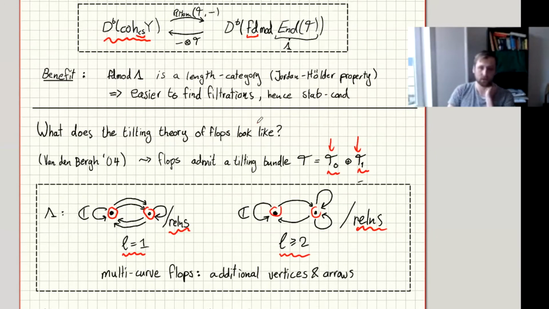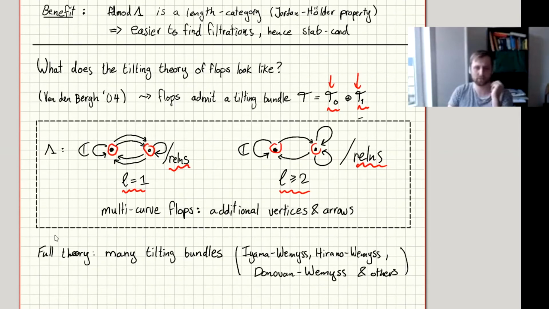So this is one tilting bundle, which gives us one such algebra. But in fact, there are many such tilts, and many of these non-commutative rings which are equivalent to our geometry.